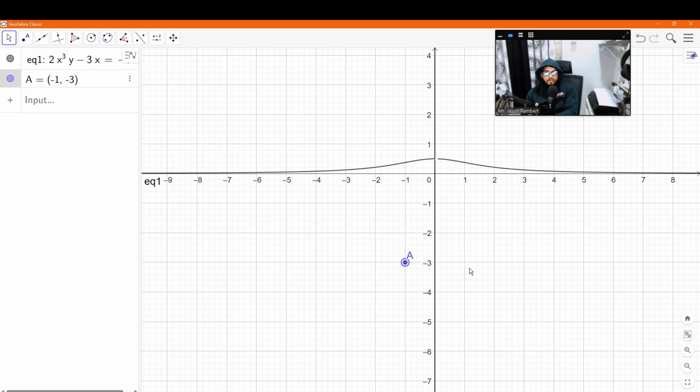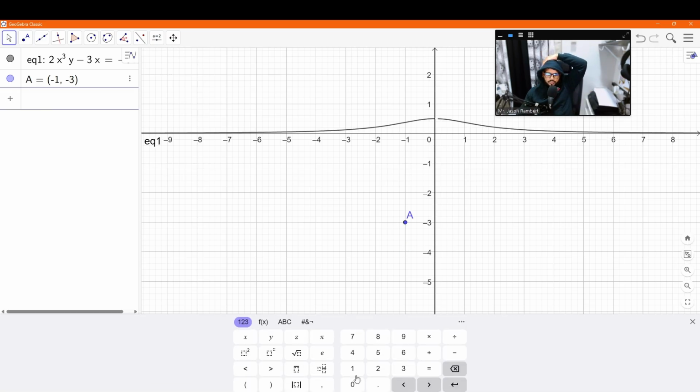But if I solve for y and I differentiate that, at the point when x is equal to minus 1, I will indeed get the real gradient of the curve. So we got 12 on 64.